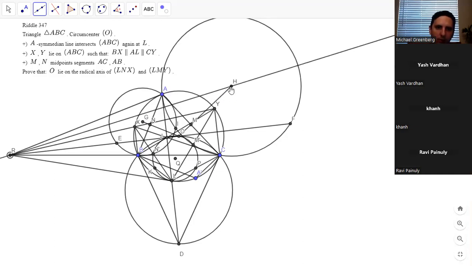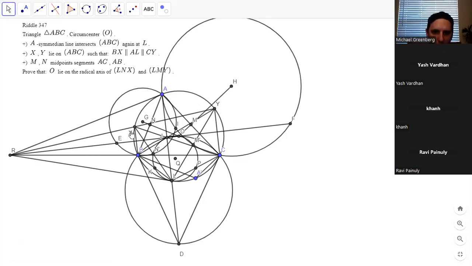I used Desargues's theorem to show there was another line through R. You know what? Let me try this.